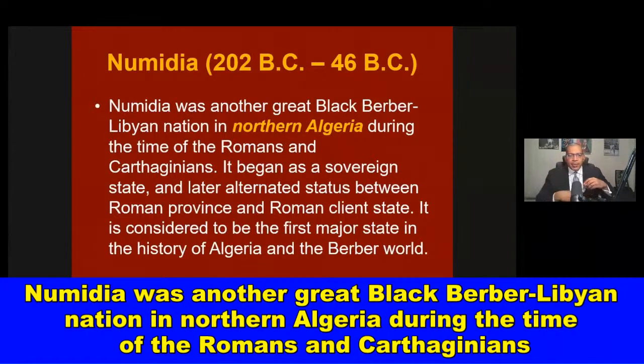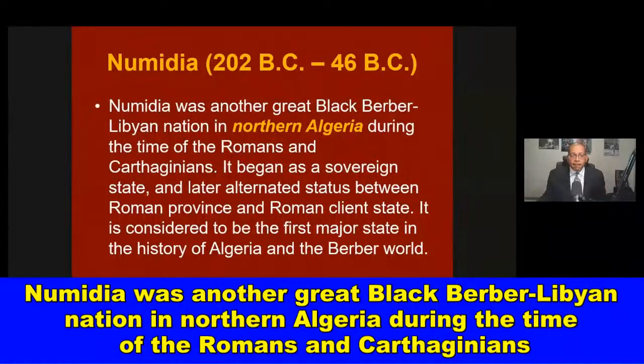It began as a sovereign state and later alternated status between a Roman province and a Roman client state. It is considered to be the first major state in the history of Algeria and the Berber world.